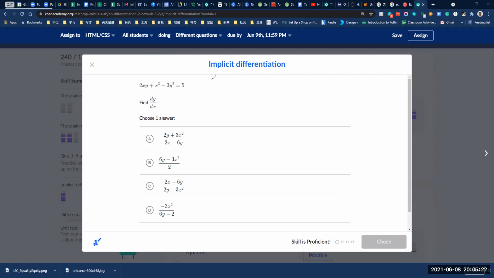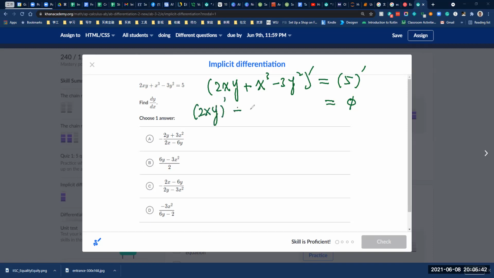So what we do is we take the derivative on this side of 2xy plus x³ minus 3y², and of course the right side is a constant, so its derivative is 0. And here we have (2xy)' plus (x³)' minus (3y²)'.